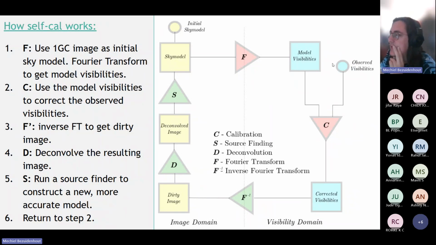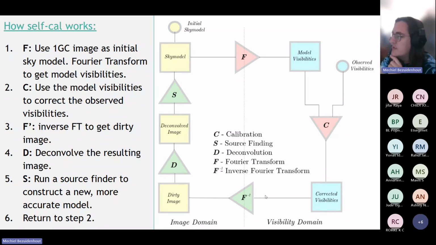And then you use these model visibilities to correct the observed visibility. So you get the G solution from these and apply it to the observed visibilities to get the corrected visibilities down here, right? So we're still in the visibility domain.